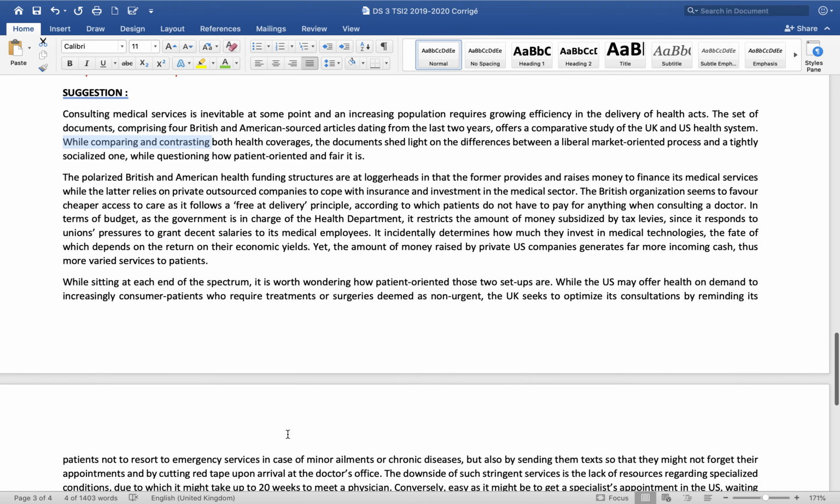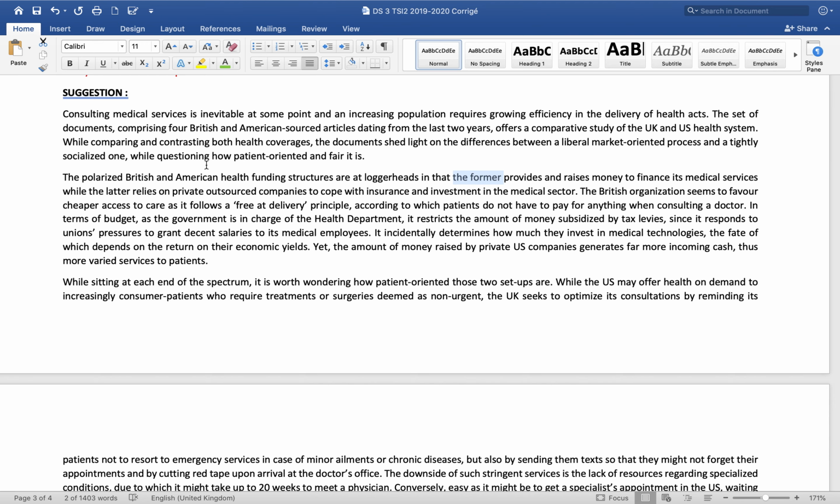So, I always start my paragraph with the first sentence that tells me what I will talk about, or what I will develop. The polarized British and American health funding structures are at loggerheads. To be at loggerheads means to be completely apart, to be completely opposite. In the sense that the former, when I say the former, what do I refer to?